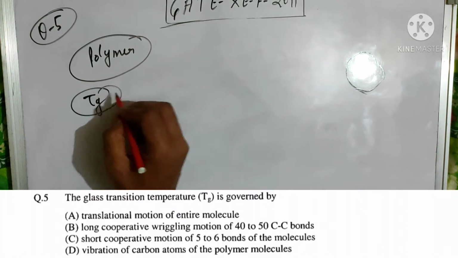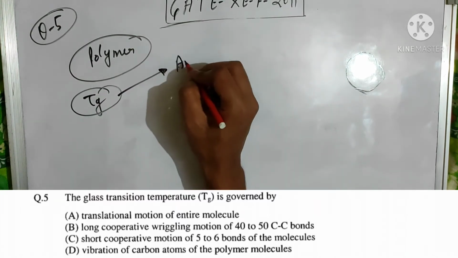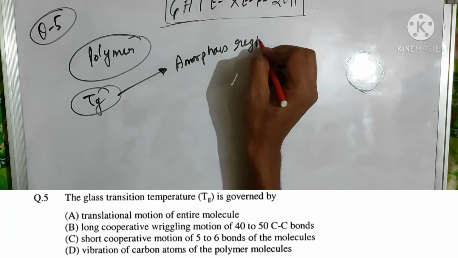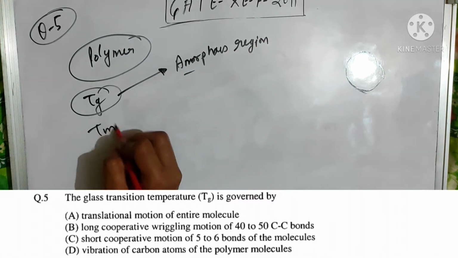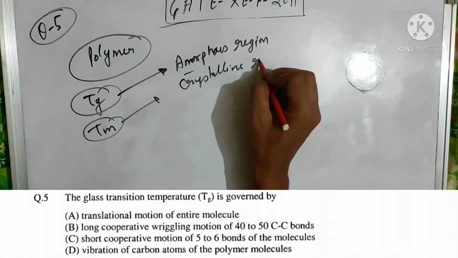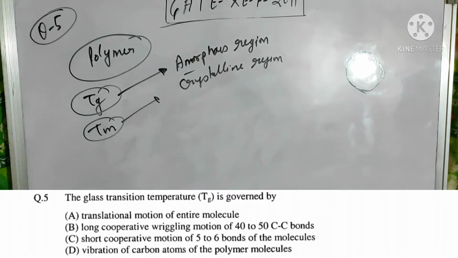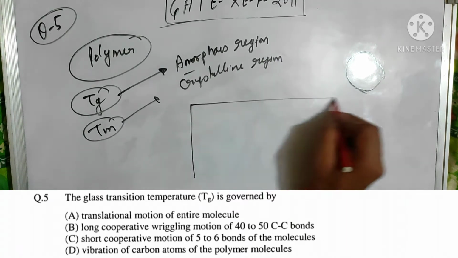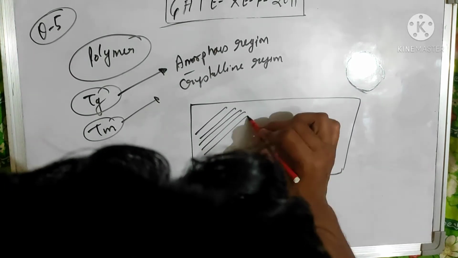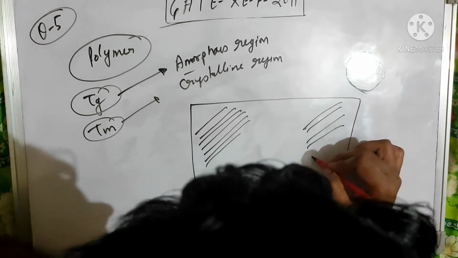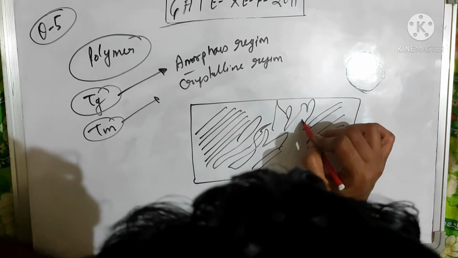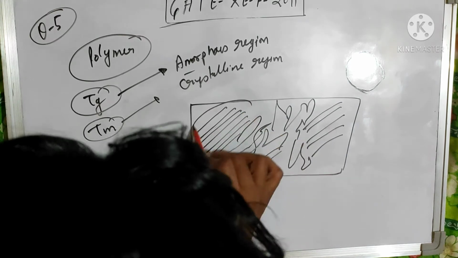Polymer is a macromolecular compound which contains a large number of carbon atoms in its repeat unit. Glass transition temperature is a property of the amorphous region in a polymer, and melting point is a property of the crystalline region. To understand better, take a sample of polymer in which there is an ordered structure.